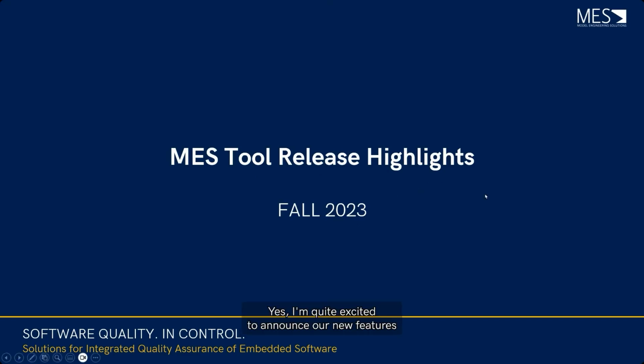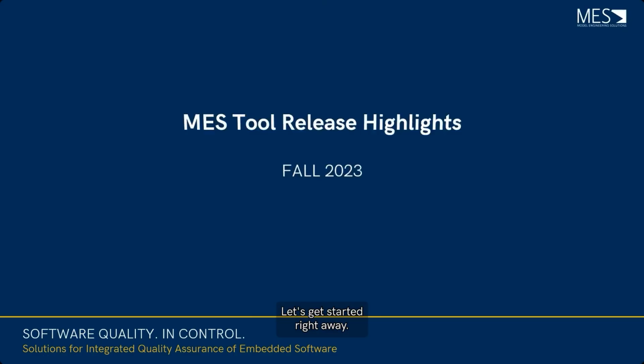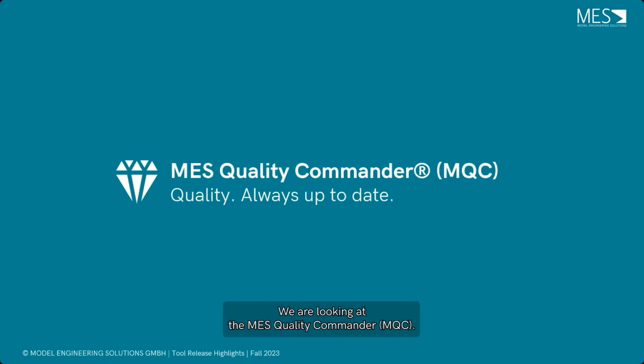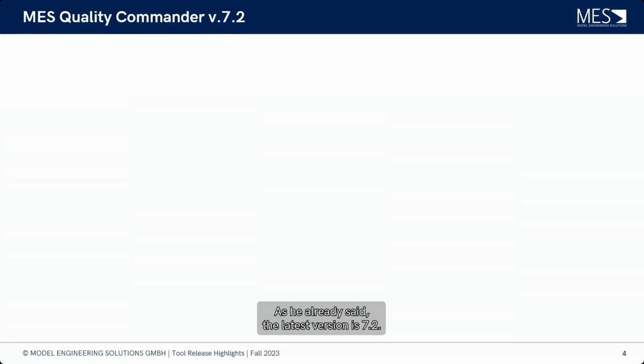Yeah, I'm quite excited to announce our new features in the 7.2 version of MQC today. That's great to hear. So then let's get started right away. Well, we are looking into the MES Quality Commander MQC, of course, and David is part of the MQC team here. And as you already said, the latest version is the Quality Commander 7.2. And there are actually two highlights that we would like to talk about today.